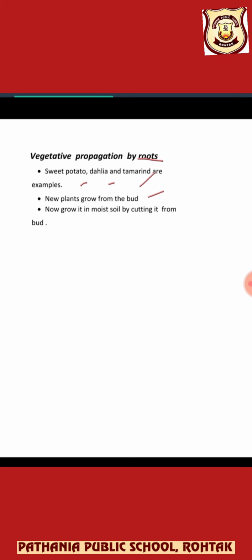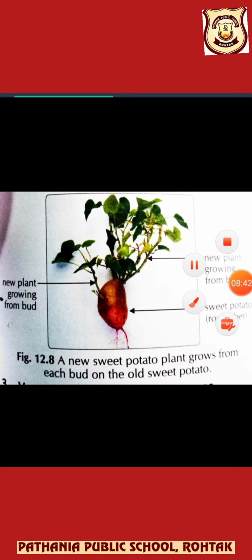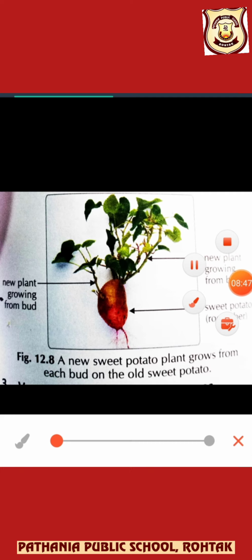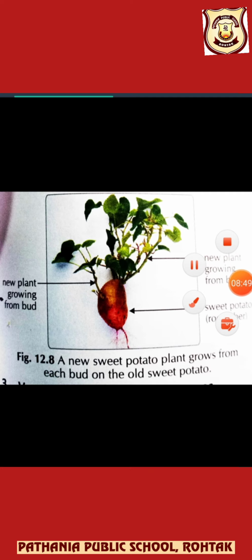Now grow it in moist soil by cutting it from the bud. You cut it from the bud and put it in the soil, of course nutritious soil, and it is very easily visible. You can see the picture on the screen.